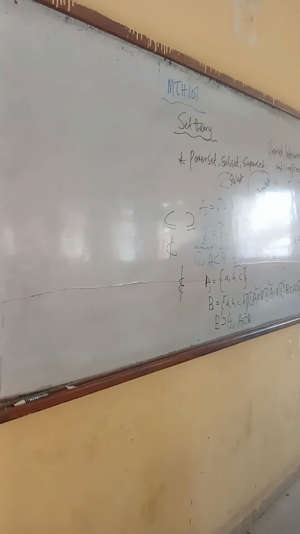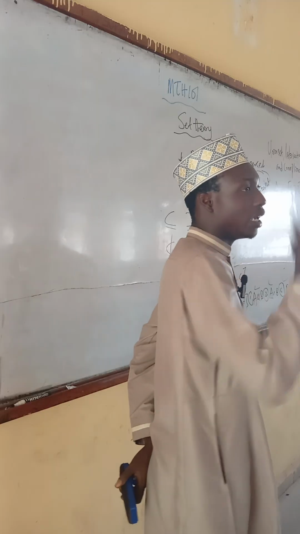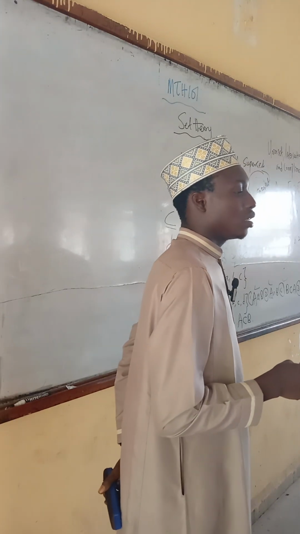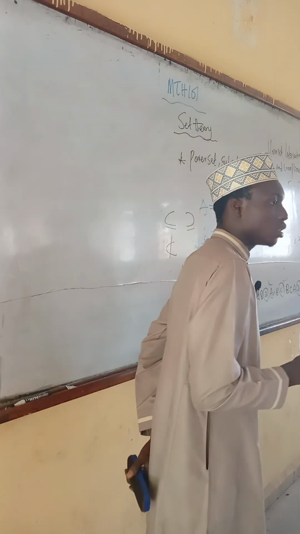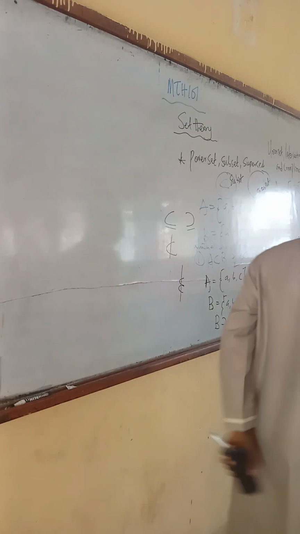This is a set that comprises the members in set A. This is a set that comprises the members in set A and set B. Remember, this is a set that comprises what? The members in set A.